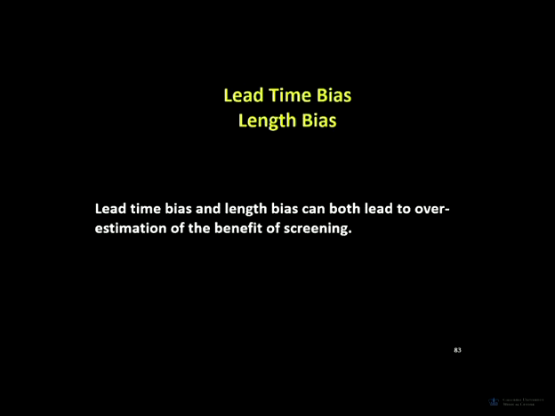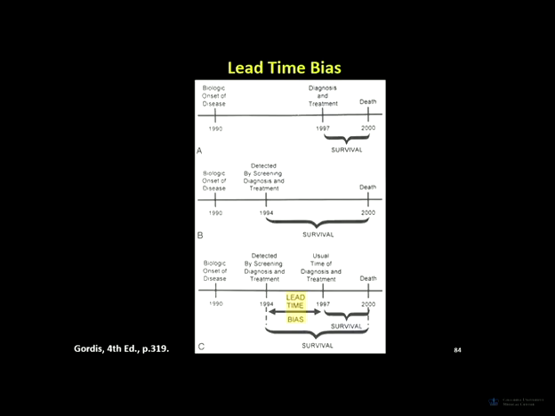Okay, so some concepts that are important about screening tests. Lead time bias and length bias can lead to overestimation of the benefits of screening. So lead time bias. If we compare the survival time of someone, let's say, here's someone without screening in panel A. They have the biological onset of their disease, and then they started to have symptoms, and they were diagnosed and treated.